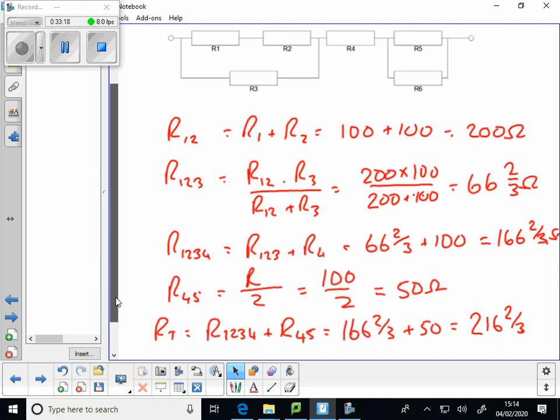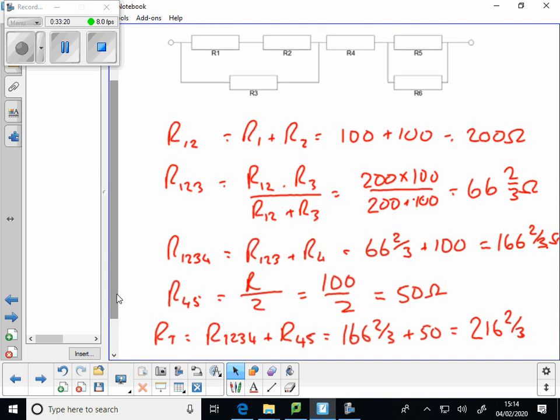But what I want to point out is this total is not less than any of the parallel resistors. This parallel total is less than the 200 ohm resistor that is in parallel with it.